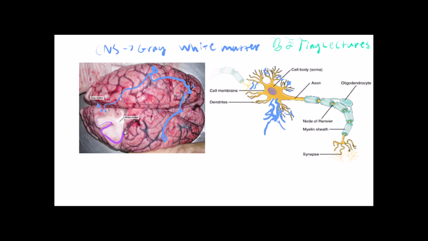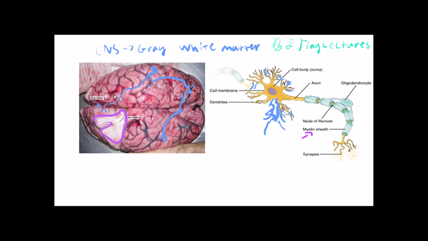Within the white matter portion of the brain, we also have neurons. However, these neurons don't have that many dendrites compared to the gray matter. However, the axons within the neurons within the white matter have more myelin sheaths compared to the neurons in the gray matter.